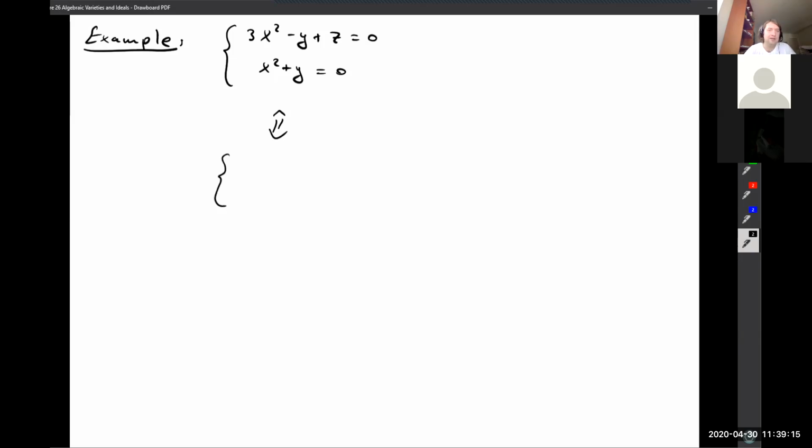Okay, so actually here, what do you get? We can get rid of, for example, x squared in the first equation just by subtracting 3 times the second equation, and that will be minus 4y plus z equals 0, and x squared plus y equals 0.